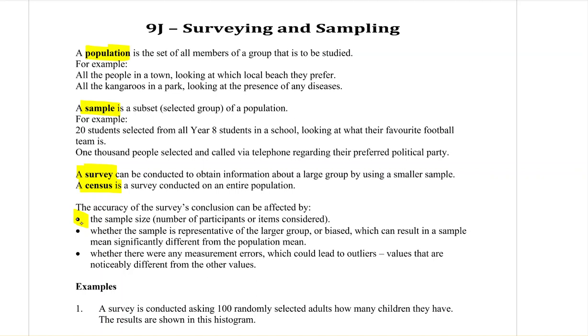The people that you choose, it says whether the sample is representative of the larger group or is biased. If I was wanting to talk to everybody in the school about, what's a good choice here? All right, maybe let's pick a non-biased one here.